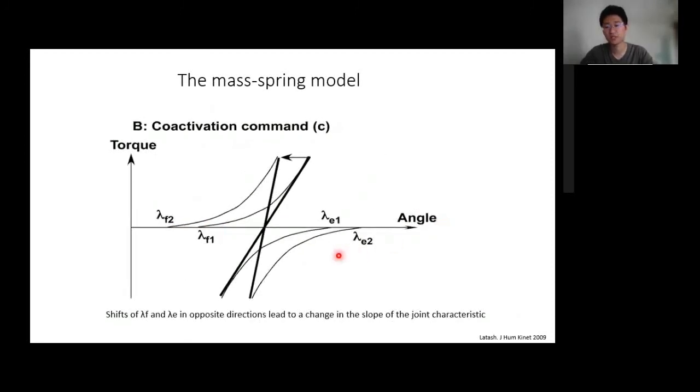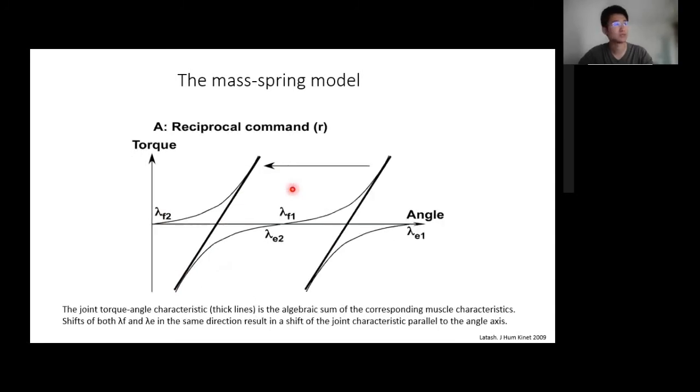We also have a condition where the resting lengths of flexor and extensor shift in the opposite direction. Here, I think I forgot to mention that this thick line is the sum of the two characteristics. That's why it represents the joint torque.